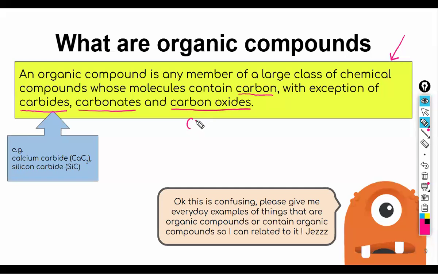So things like carbon dioxide and carbon monoxide are not organic compounds, even though they have carbon. Carbonates, like calcium carbonate, are not organic compounds. Most people know what a carbonate is, and most people know what a carbon oxide is. But most people don't know what a carbide is. So I'll put some examples: calcium carbide and silicon carbide. So I have two examples of carbides here.